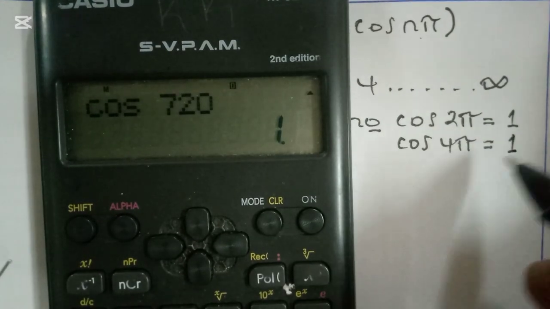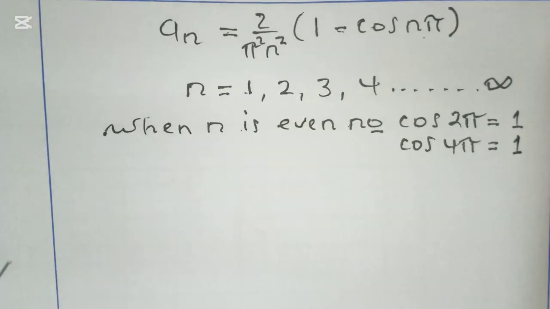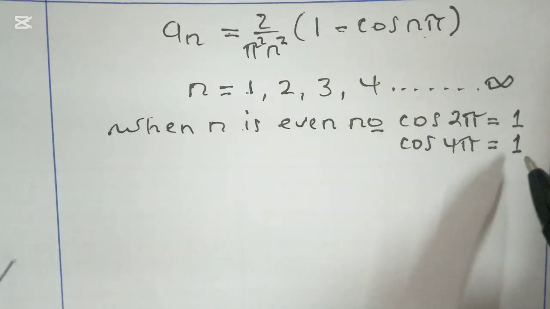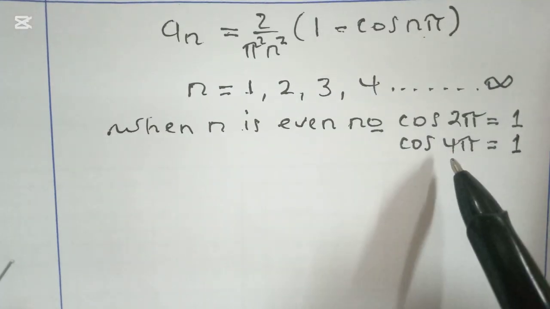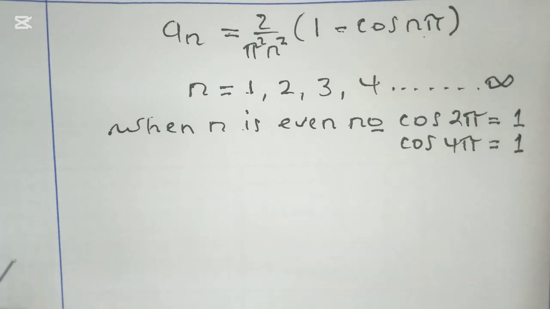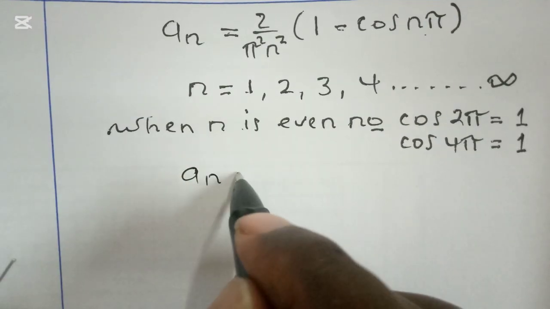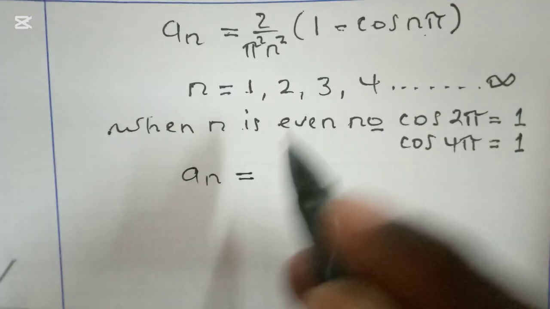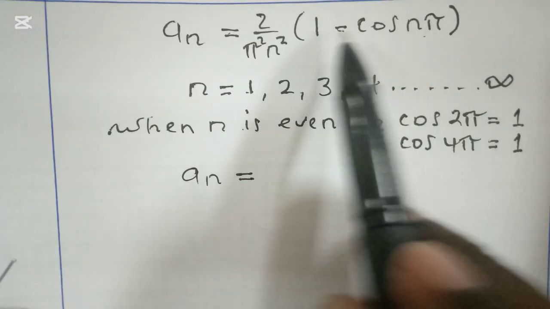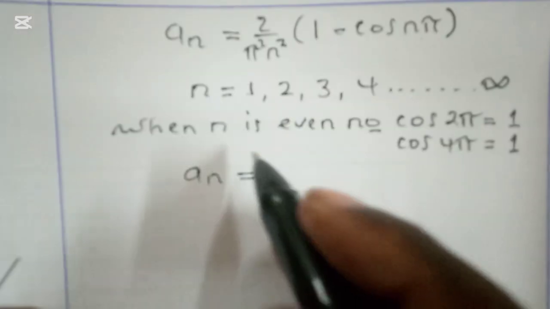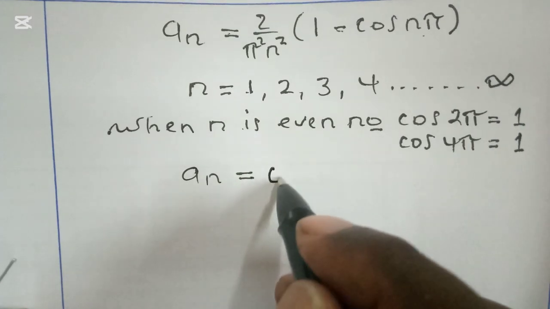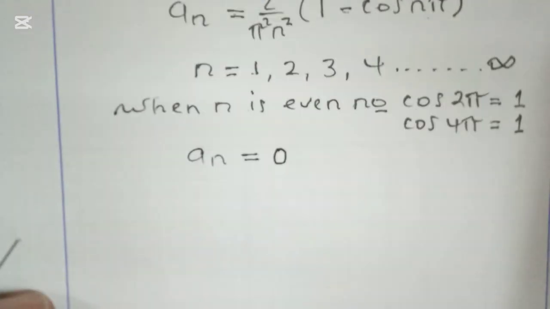So all the even numbers will produce 1 as the solution for cos of that number. And therefore AN, if this is 1, will be 1 minus 1, which is 0. So AN is going to be 0 for all the even numbers.